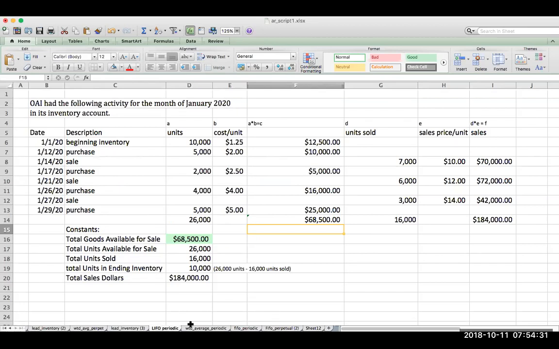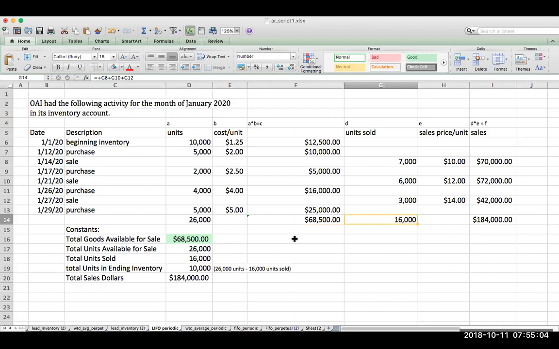Okay, so what exactly does periodic mean? Well, when we're looking at periodic, instead of looking at every single sale individually, as we will be doing with the perpetual methods, we're essentially going to disregard these dates of sale, and we're going to assume that all sales happened at the very end of that particular accounting period.